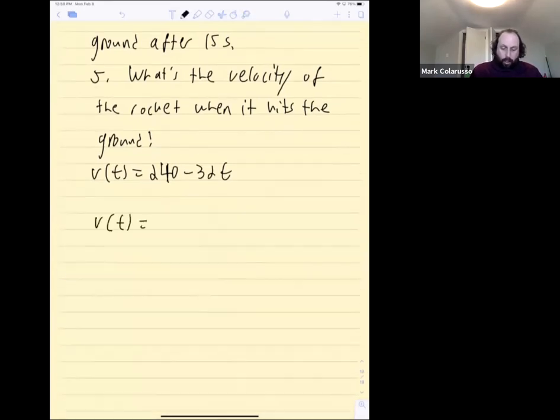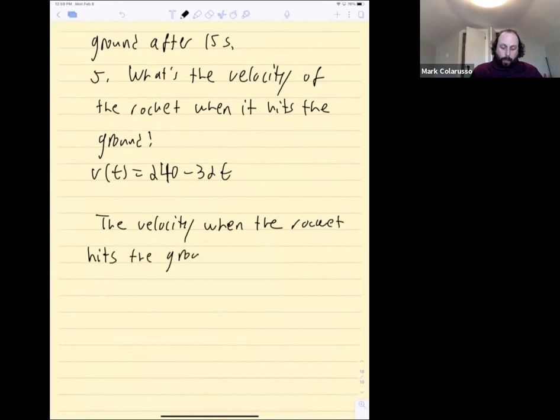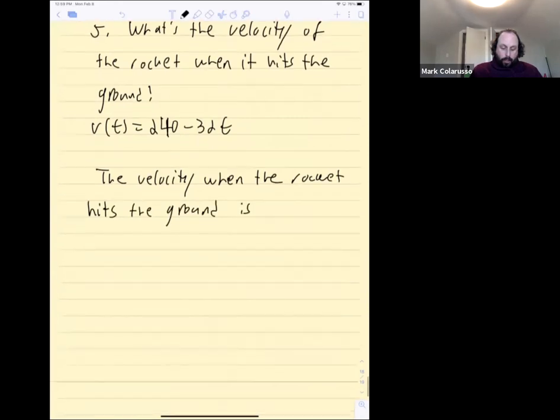So the velocity when the rocket hits the ground is v at 15, so it's 240 minus 32 times 15. And if you multiply that out, that is minus 240 feet per second.